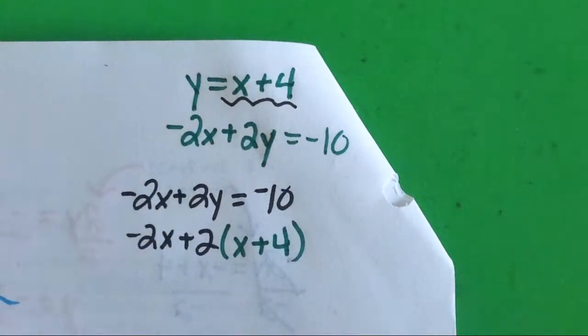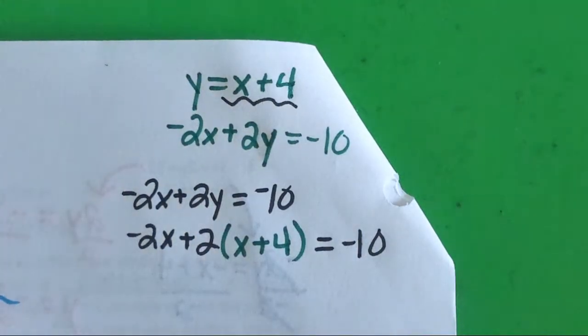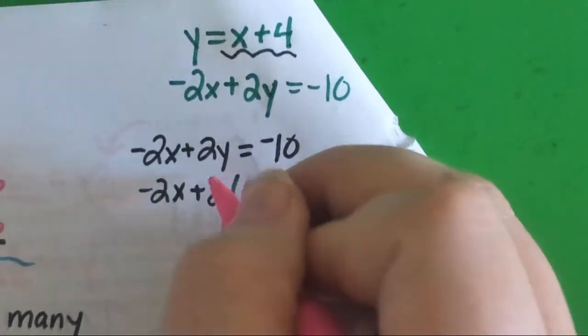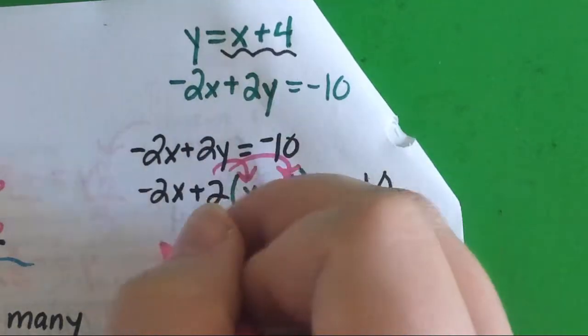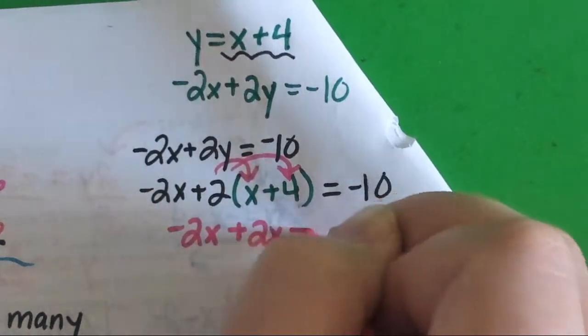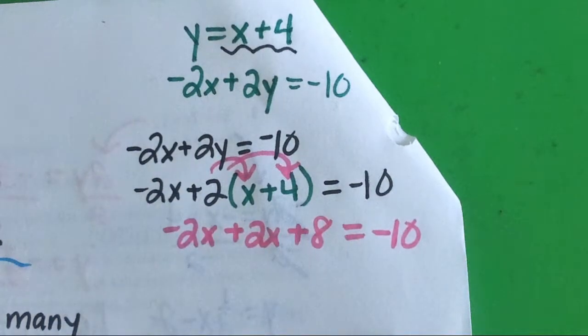Are there any questions about this step? And then our worst nightmare happens again. When we distribute, we have negative 2x plus 2x plus 8 equals negative 10. Oh crap, the variables cancel out again.